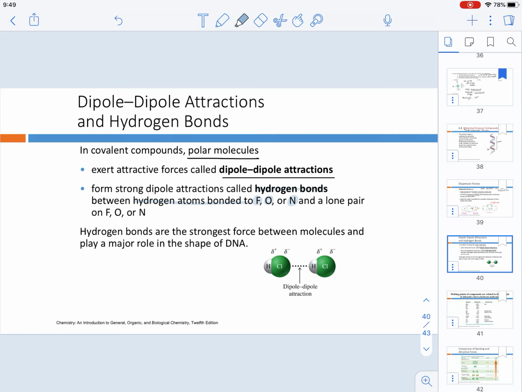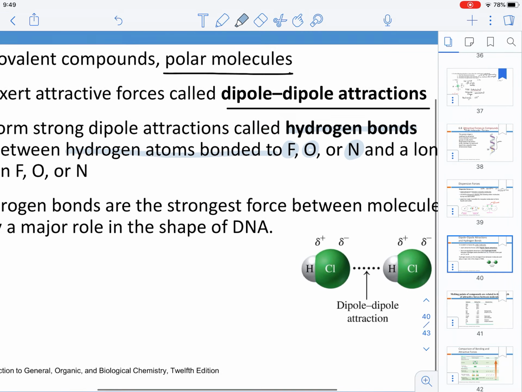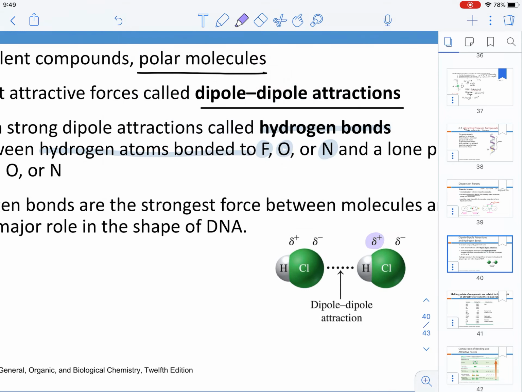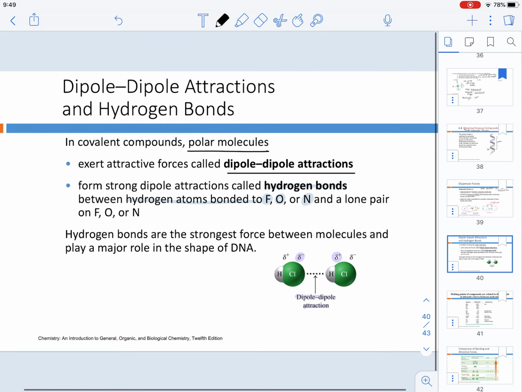Because the hydrogen is bonded to chlorine, the attraction between two HCl molecules, which occurs because the partial positive side of one molecule and the partially negative side of the other are interacting, is only a dipole-dipole attraction. I'm now going to give an example of a hydrogen bond attractive force, or hydrogen bonding.